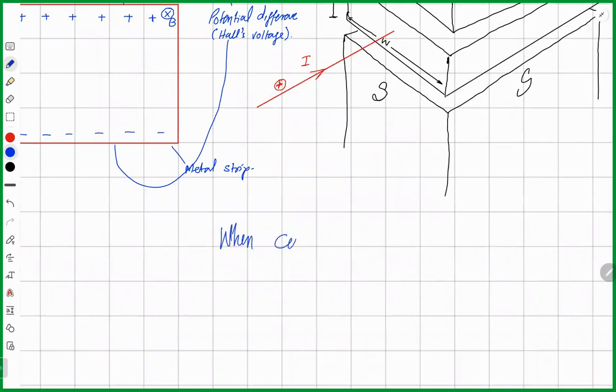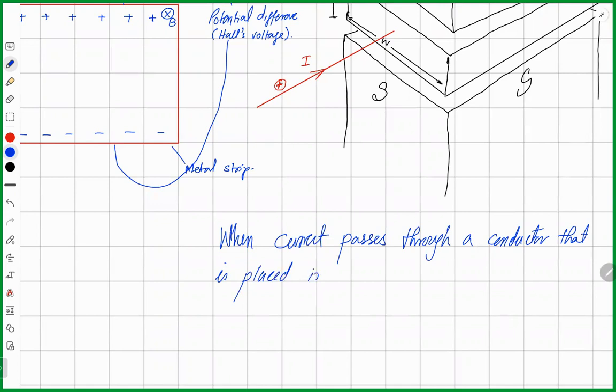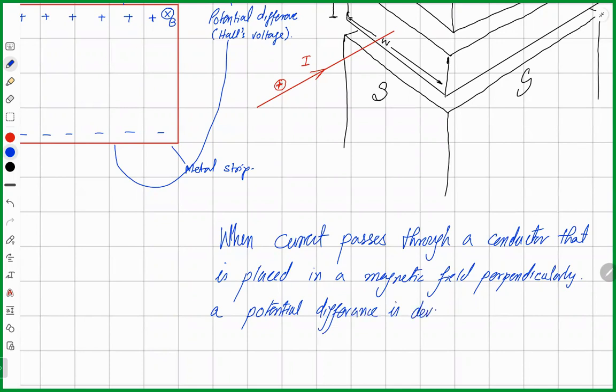When current passes through a conductor that is placed in a magnetic field perpendicularly, a potential difference is developed on the sides of the conductor.